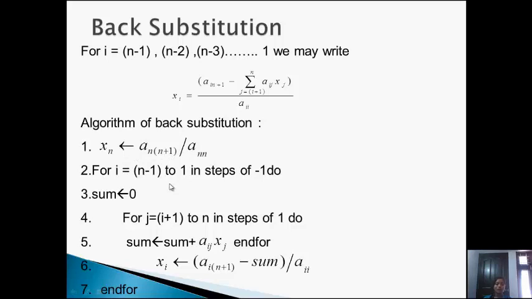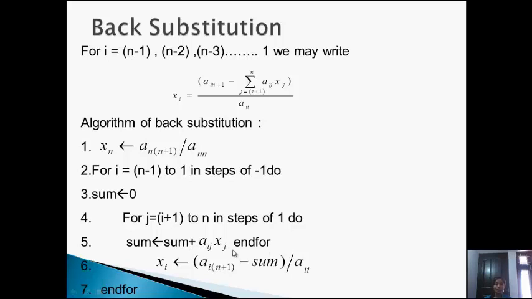Now our for loop starts from i equals n minus 1 to 1 for calculating the remaining x. First of all, we initialize this term as sum, and we initialize sum as 0. Then our nested for loop j equals i plus 1 to n in steps of 1. Here we can calculate our sum as sum plus aij xj.